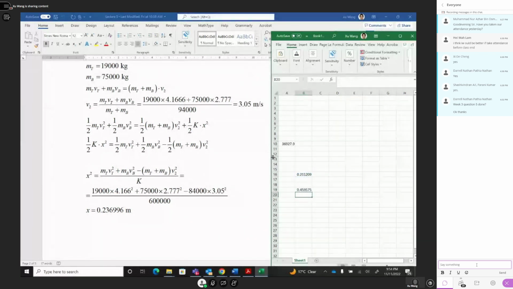Hold on, this is x squared. Square root, sorry. This one equals 19,000 times 4.166 squared plus 75,000 times 2.33. 2.33 is correct.